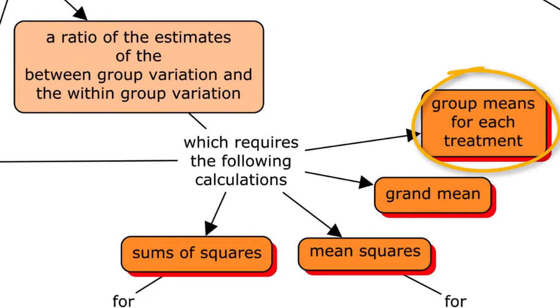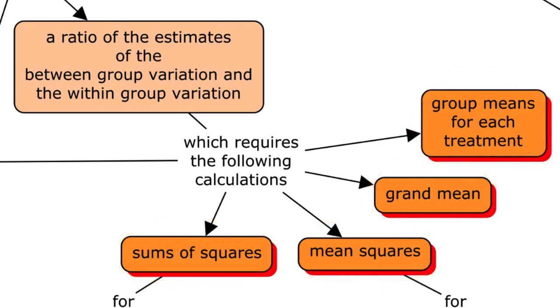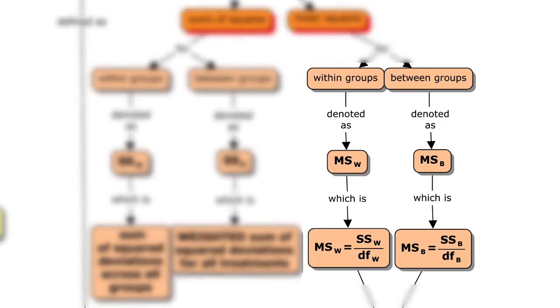Starting off with the group means for each treatment or sample, we then need to calculate what is referred to as the grand mean. We also need to calculate mean squares and sums of squares. In the case of mean squares, we need to do this calculation for within groups and between groups. And in both instances, there's annotation to describe two different calculations.